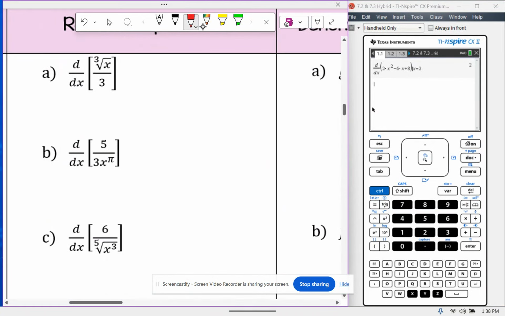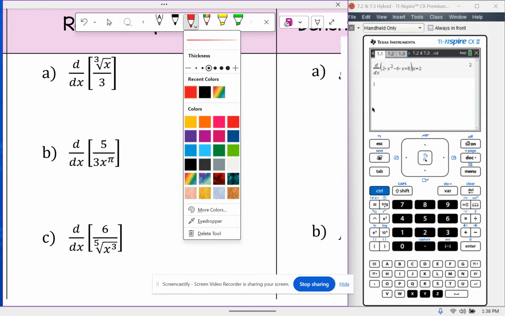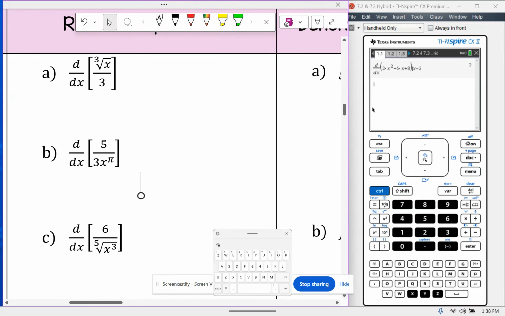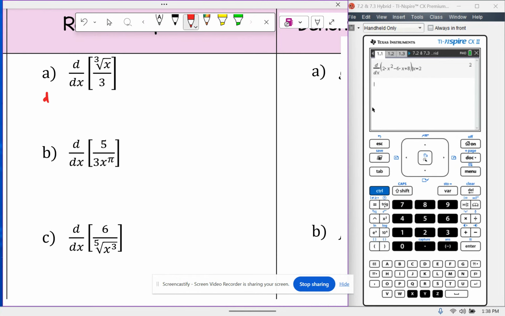So in letter A, okay, stop. I want to try to split off the coefficient first, right? So I have a 1/3 out front, right? Coefficient, x to a power. Yeah? Okay, now I can take the power rule.